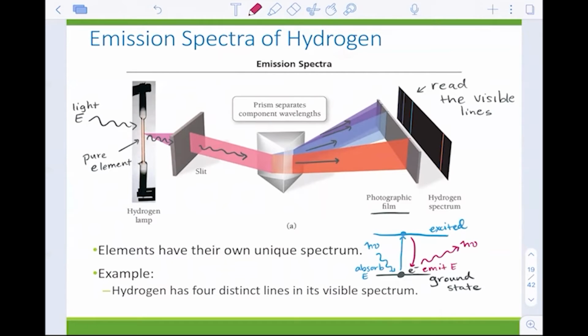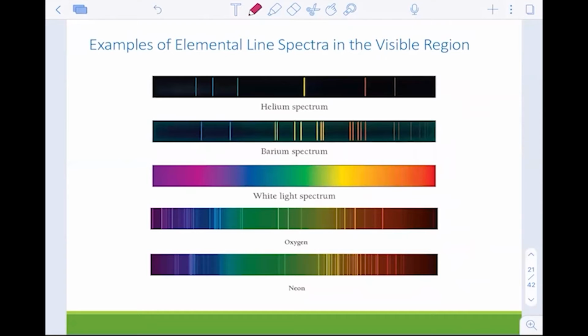Now, this is atomic emission spectroscopy. We can determine where electrons are in the electron cloud by studying the amount of energy released. This is a very, very powerful tool. Here are just some examples of the elemental line spectra. Like I said, every single element has a different emission spectra.